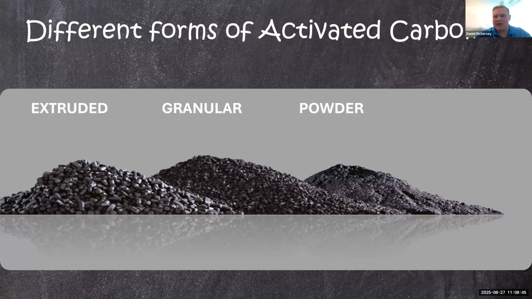Typically, that's usually injected in an early stage of a treatment plant. So it's an interesting form of carbon that's useful, but less going to be the focus today. We're mainly going to be focused on the granular carbon and where it sits in its typical vessels or filters.